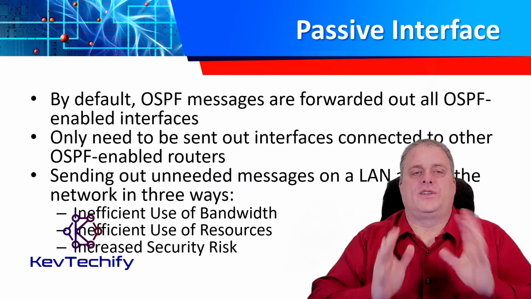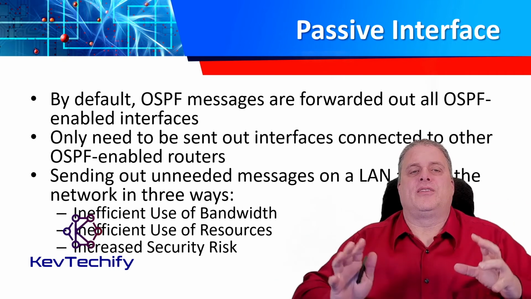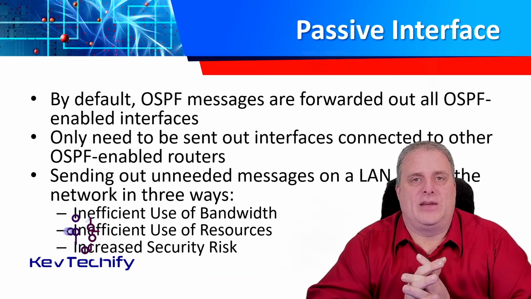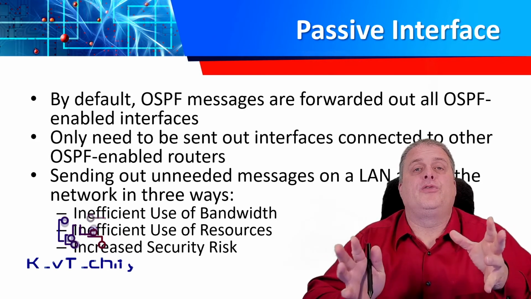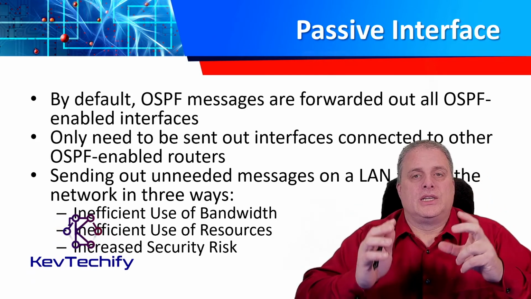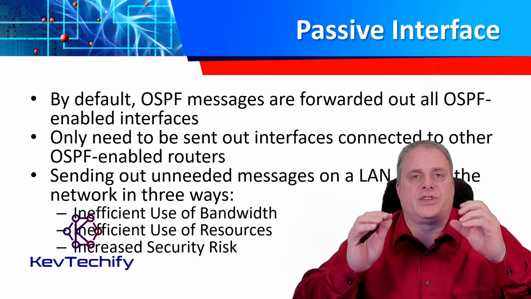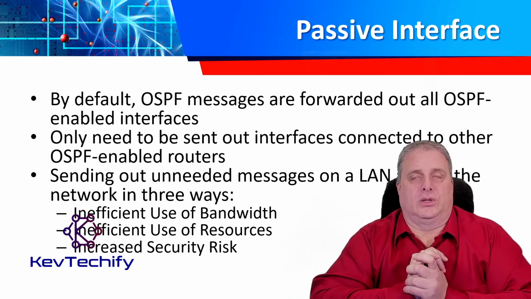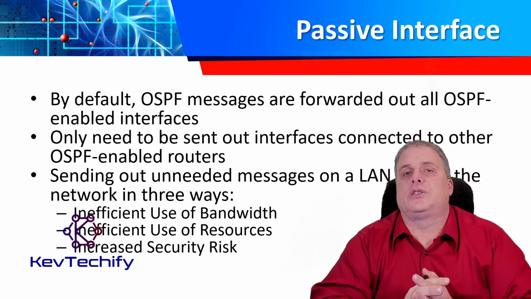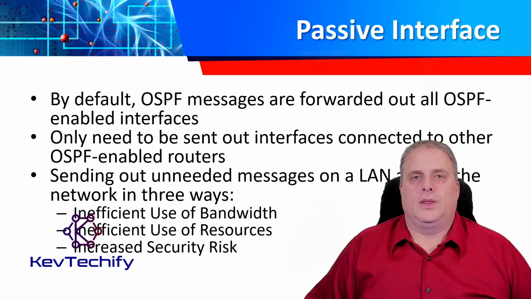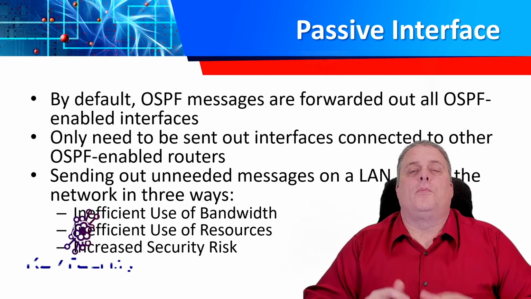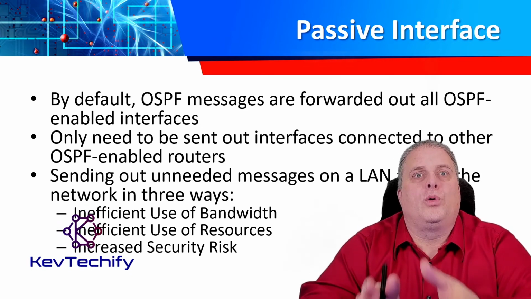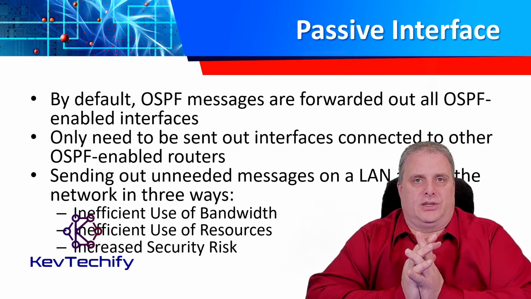When you configure OSPF, OSPF messages are forwarded out all OSPF enabled interfaces. Every interface that matches those statements you just entered to set up OSPF, OSPF messages are going to be sent out those. This could cause some congestion on your network because you only need to send out OSPF messages to devices that will accept or need OSPF messages.